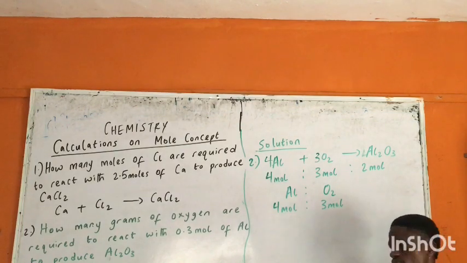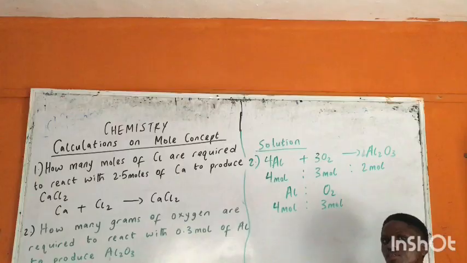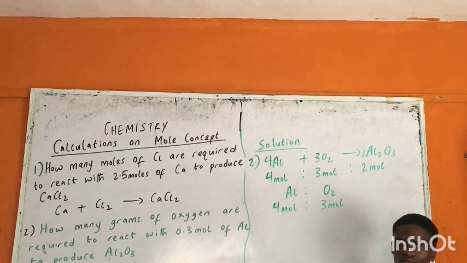But mind you, the question says how many grams of oxygen, not how many moles. It means we convert the mole here to what? To mass, which is measured in gram. And how do we go about that? Now pay attention.